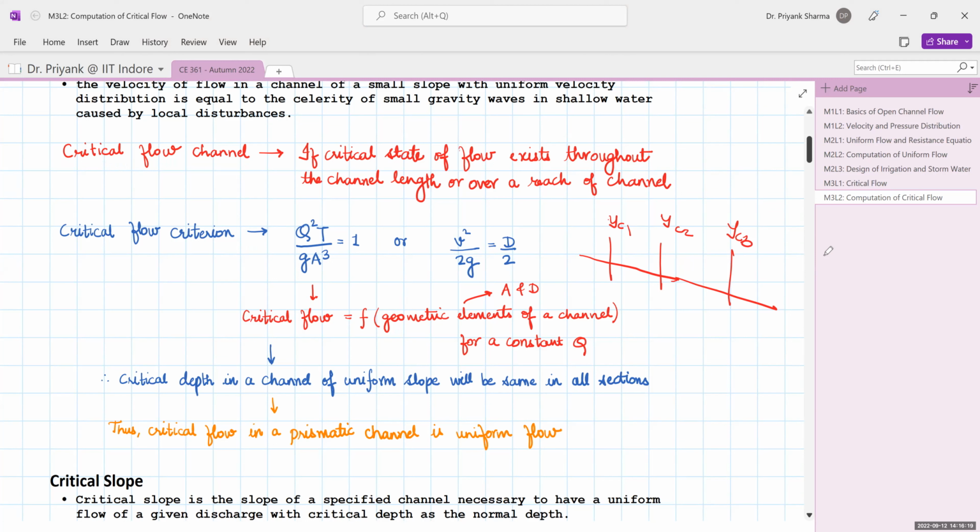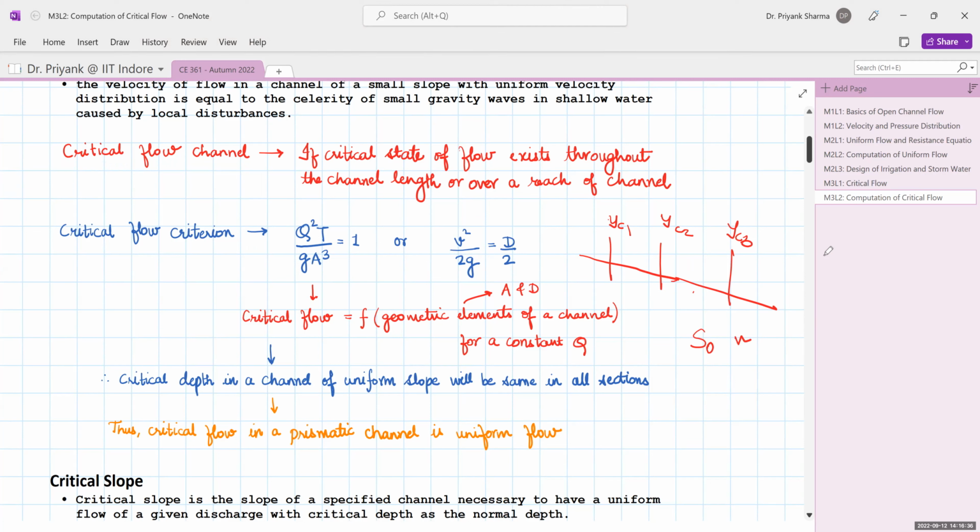That means your critical flow is independent of your slope, that is S naught. It doesn't influence yc, and also the roughness. So if they are constant, your yc will not change.